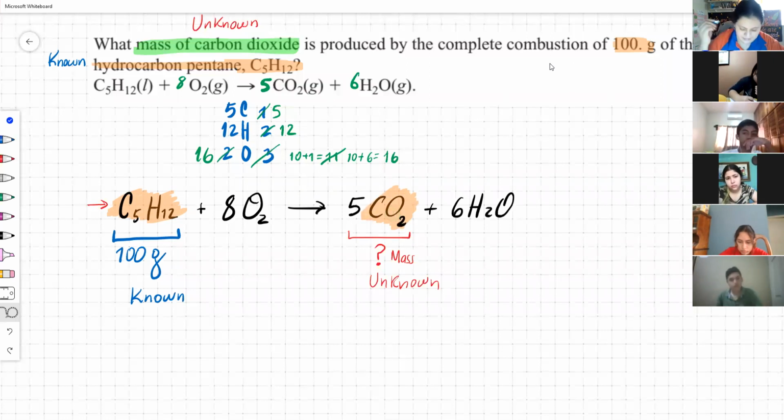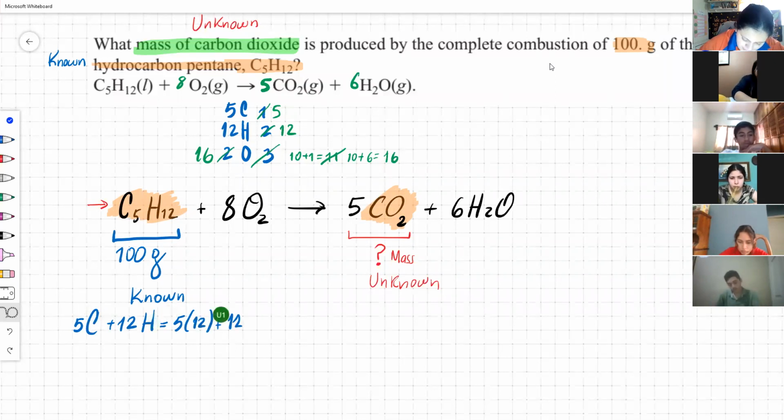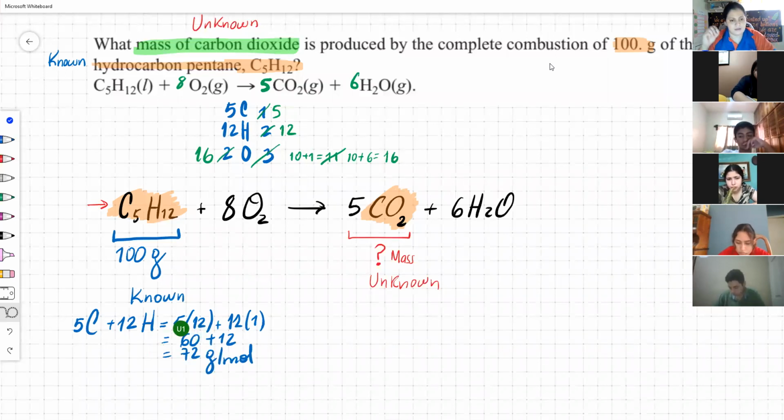So this is 5 times 12, 5 carbons, plus 12 hydrogens, which is 5 times 12 plus 12 times 1. So it's going to give me 60 plus 12 equals 72 grams per mole. So that is the first molar mass, okay?